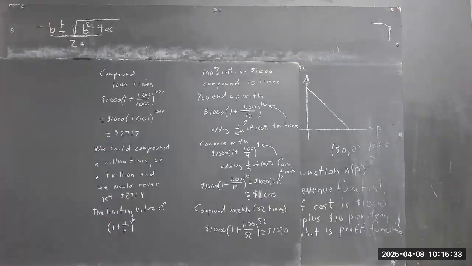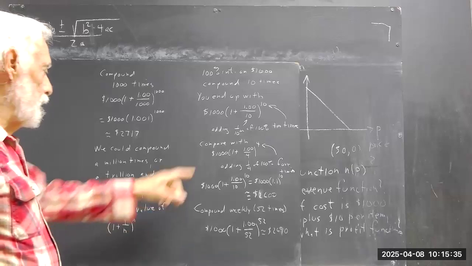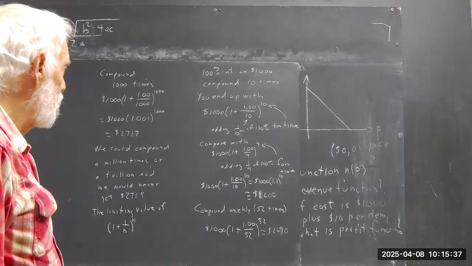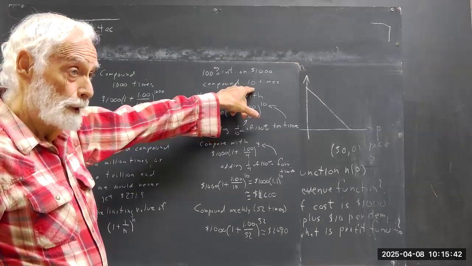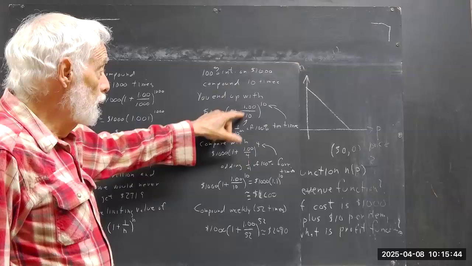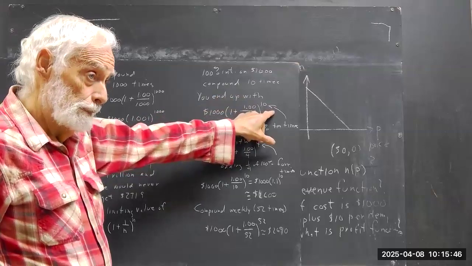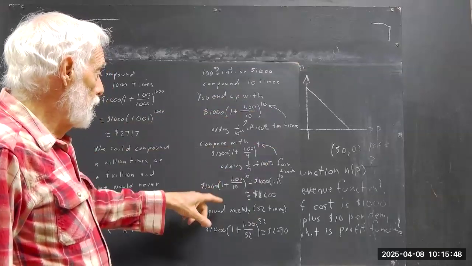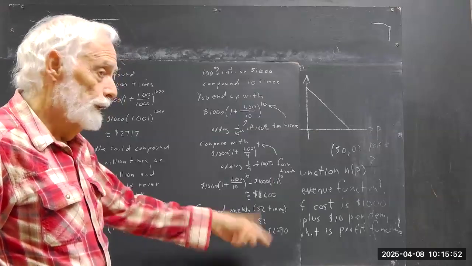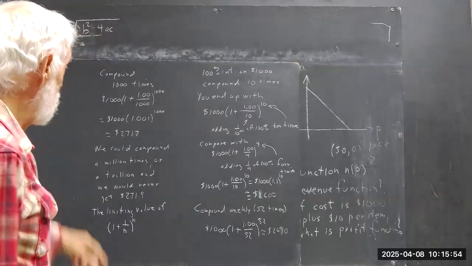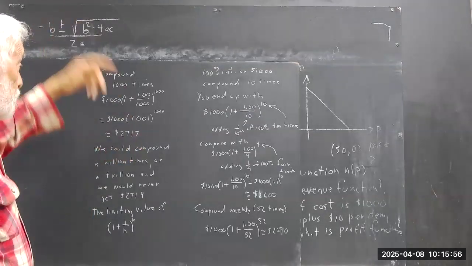Okay, now you notice what we've done in each of these cases. If we let n be the number of times we compound, what do we got? 1 plus 1 over n raised to the n. Here we've got 1 plus 1 over n raised to the n, where n is now 52, right? Here we let n equal 1,000.